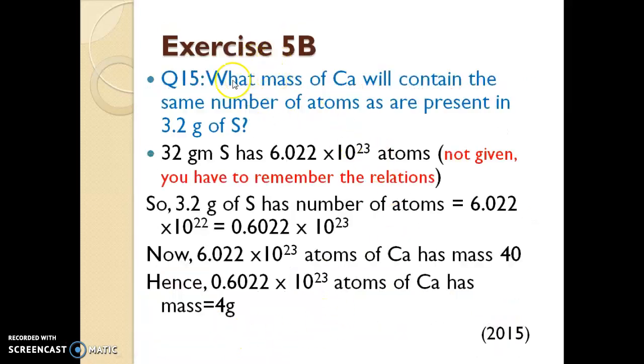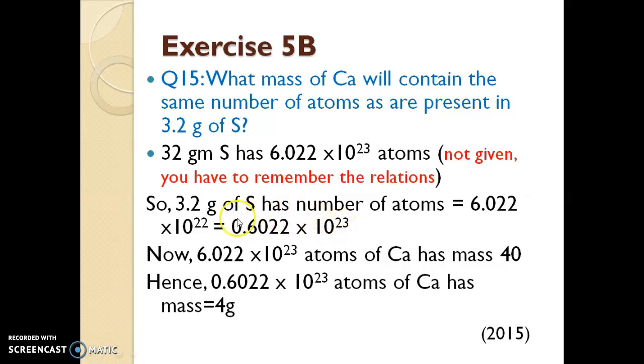Now in exercise 5B, question 15: what mass of calcium will contain the same number of atoms as are present in 3.2 gram of sulfur? So find out first how many atoms 3.2 gram of sulfur contains. That I have found out. You can write it this way, 6.022 into 10 to the power 22 or 0.6022 into 10 to the power 23.